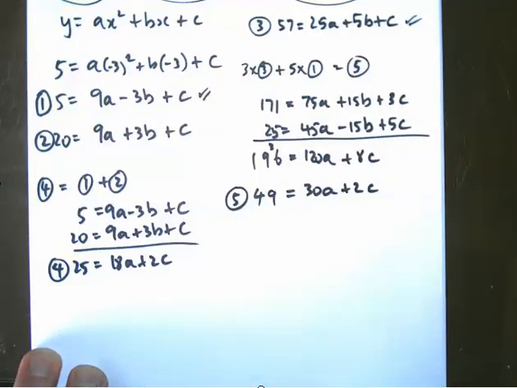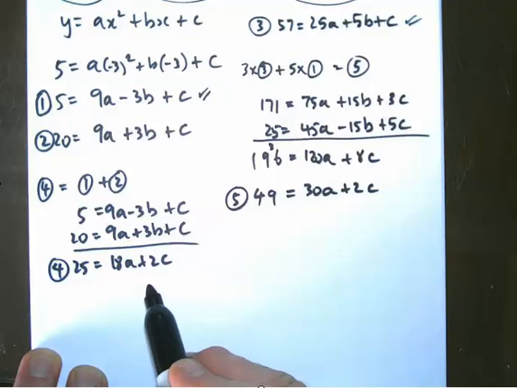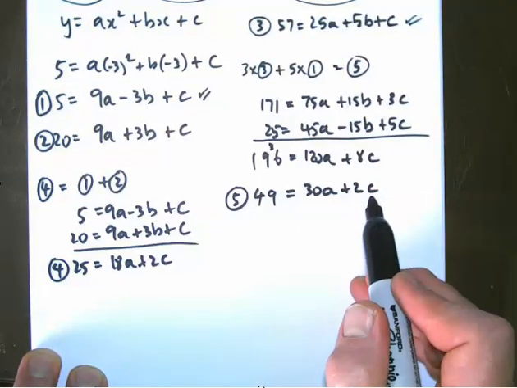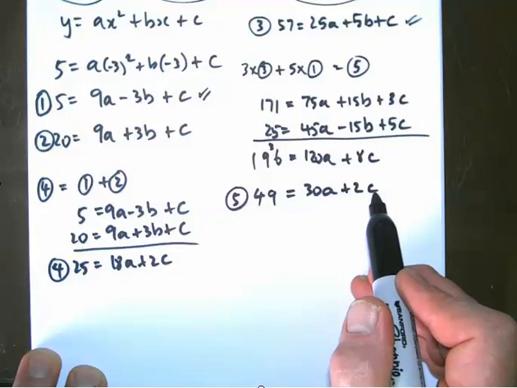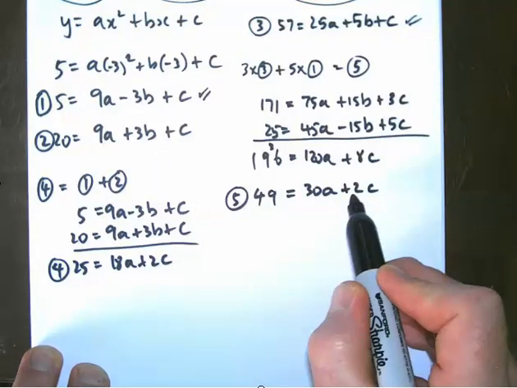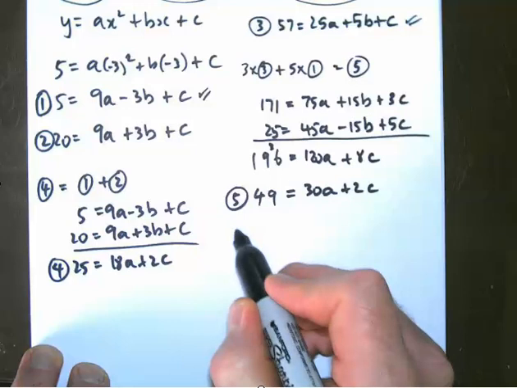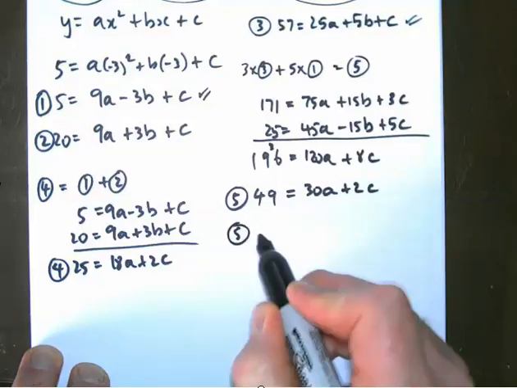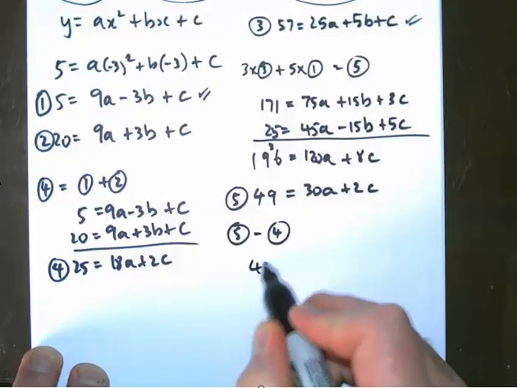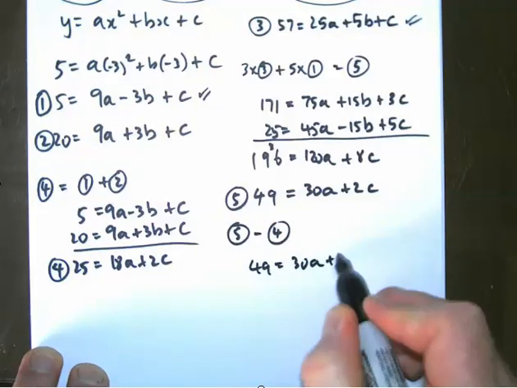I now have equation 4 in terms of a and c, and equation 5 in terms of a and c. I can now use those to eliminate one of those pronumerals. I can see 2c and 2c. So what I'd like to do is to go equation number 5 minus equation number 4. And that should eliminate the c's. So equation 5 is 49 equals 30a plus 2c.